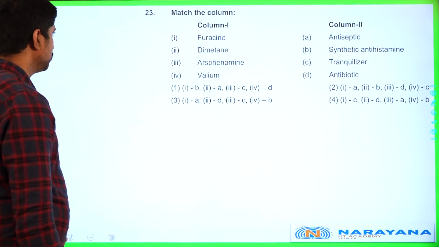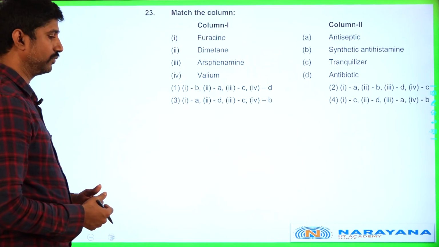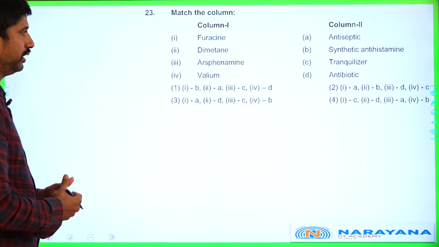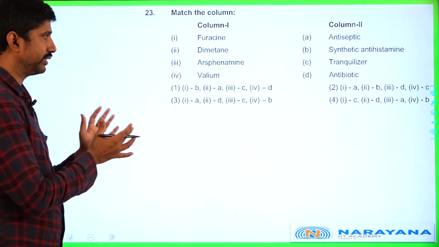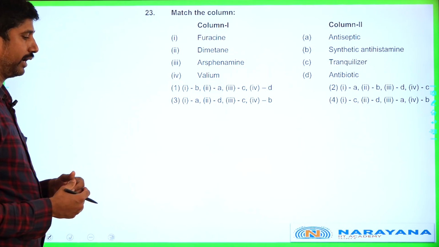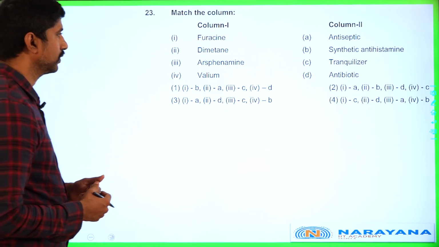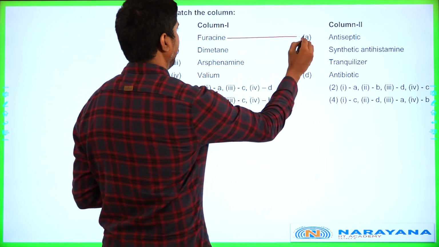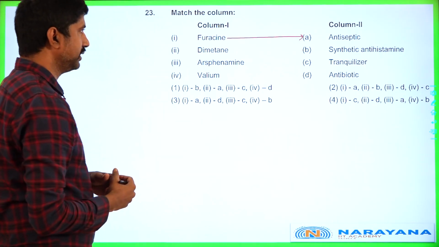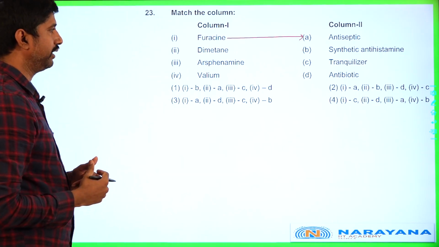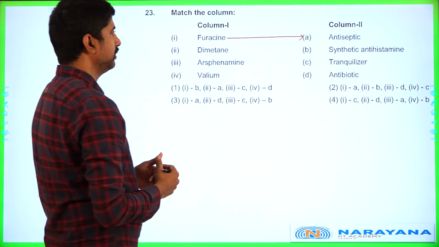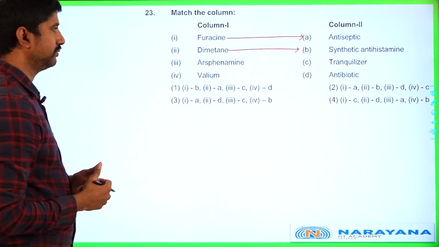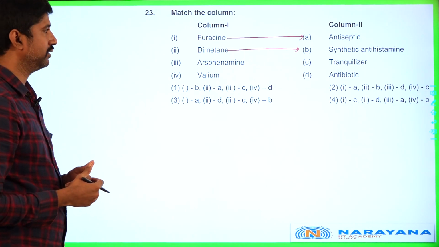Next, 23. Here, we can directly say that it is about compounds in chemistry in everyday life, the drugs and their purposes. For the first one, fluorescein is an antiseptic. The second one, dimetane, is a synthetic antihistamine.